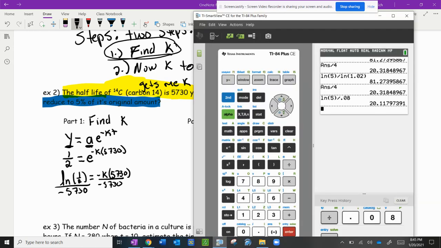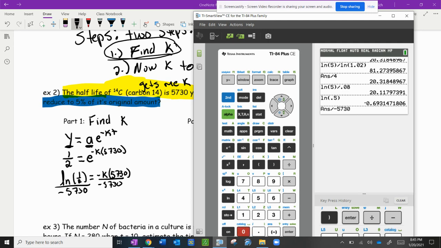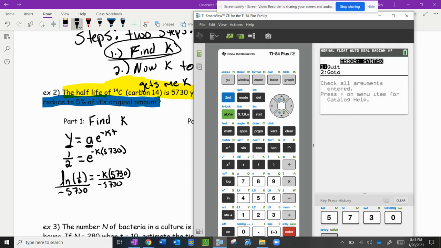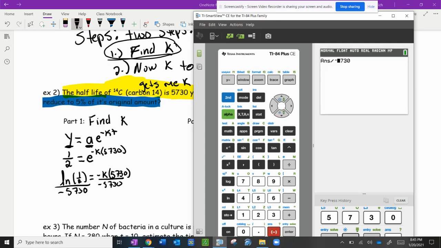So I'm going to go natural log. I'll be lazy and just put in 0.5. Hit enter and then divide it by negative 5,730. Oops, it says syntax error. It should tell you I didn't do the little negative. And I'm going to hit enter.